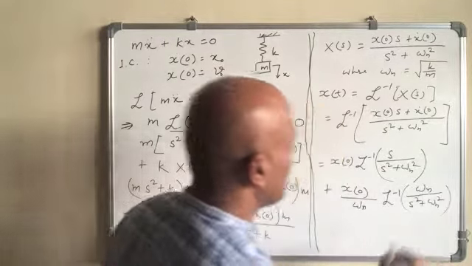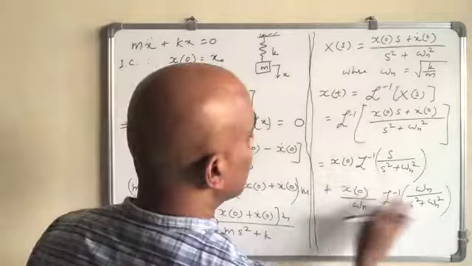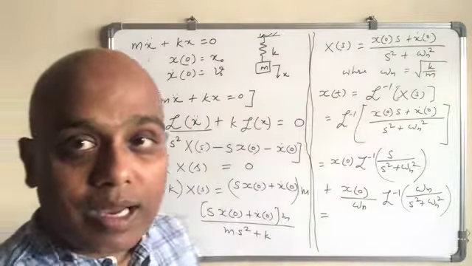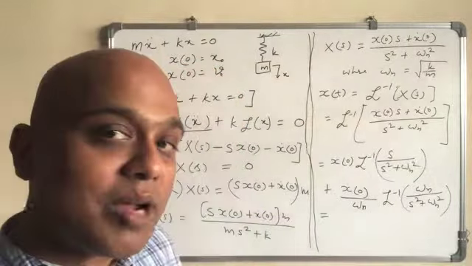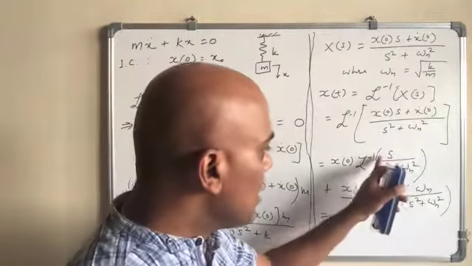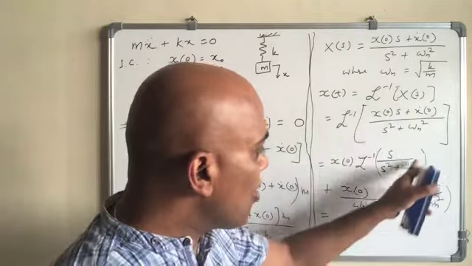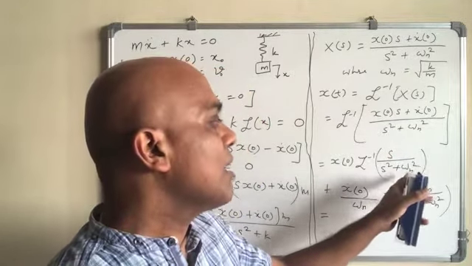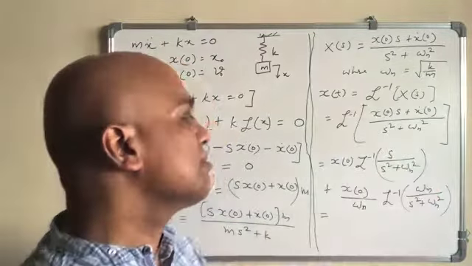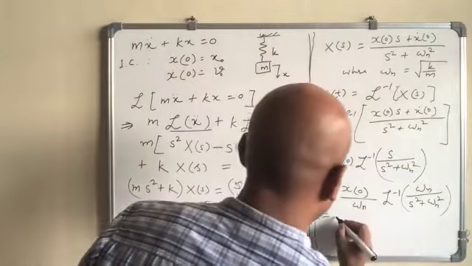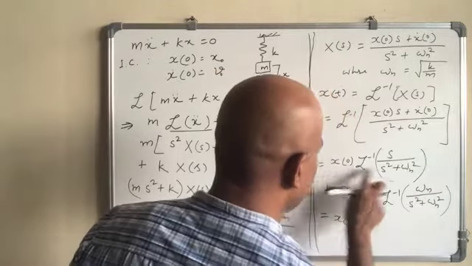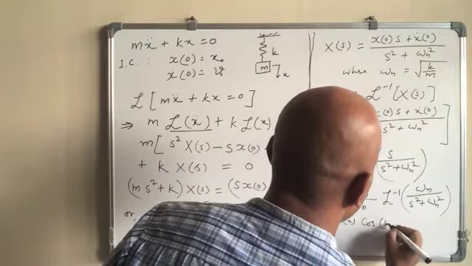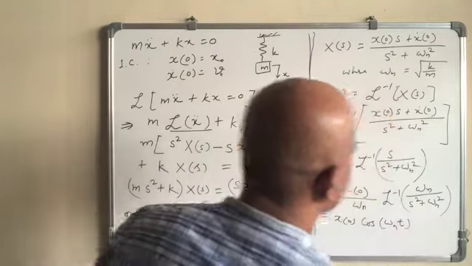Now the inverse transform of this one, if you see any textbook on Laplace transforms, the inverse transform of the function s over s square plus omega n square is nothing but cos omega n t. So the value of this one is cos omega n t.